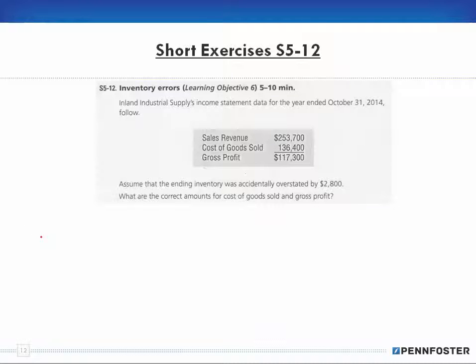So let's say, and we make something up and we use easy numbers. So let's say my inventory is 100,000, okay? And now let me make it 102,800.